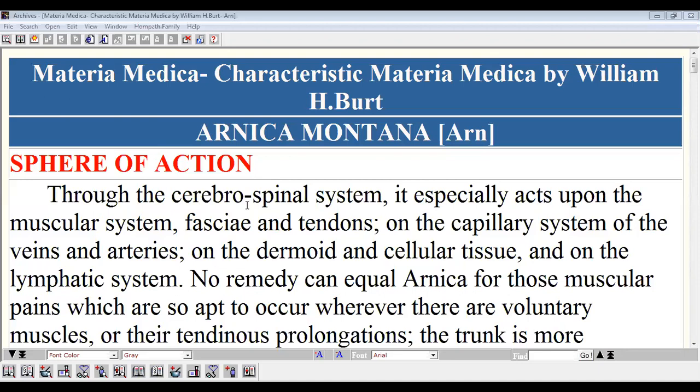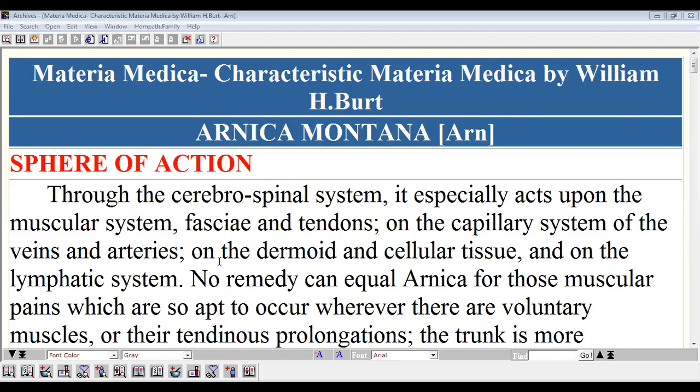So this is one sphere of action. That means the main sphere of action is that it acts on the cerebrospinal system, and through the various nerve supplies of the cerebrospinal system, it acts on the muscles, the fascias, and the tendons. One more sphere of action is given on the capillary system of veins and arteries.